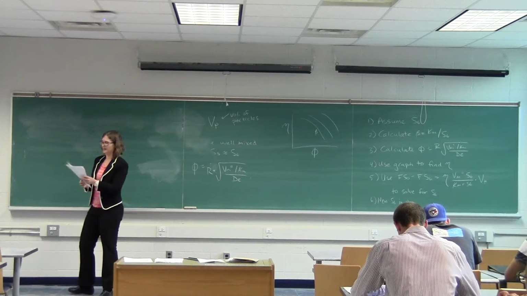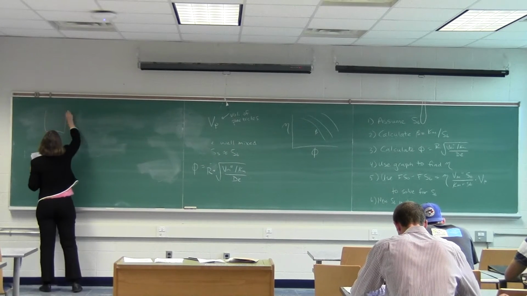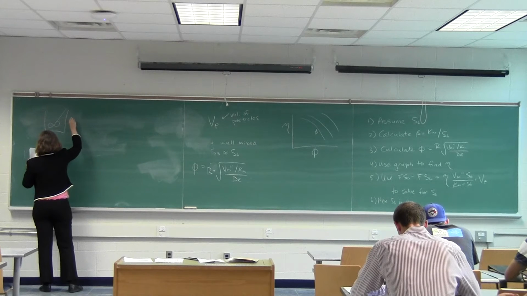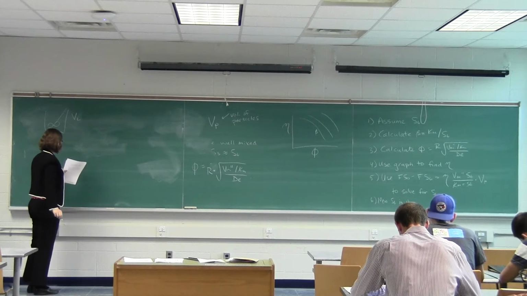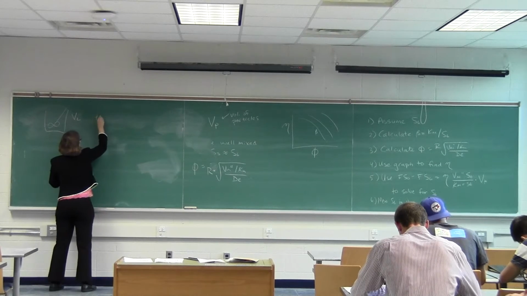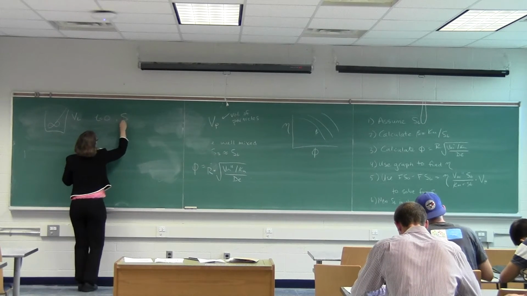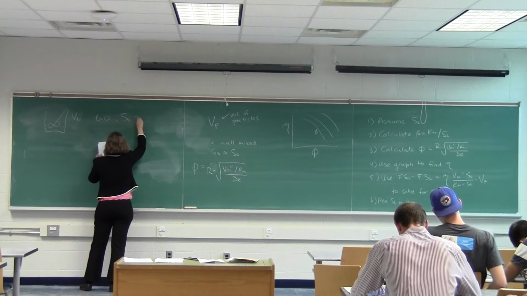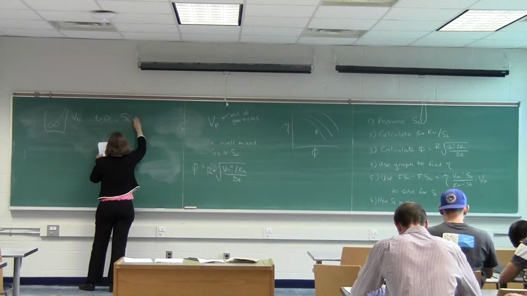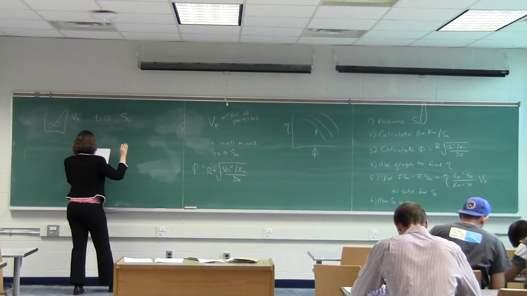Okay, so I'll read it and just write down the key parts. So it's a batch reactor with a volume V in liters used to perform an enzymatic reaction. At time 0, the concentration of substrate is S naught.